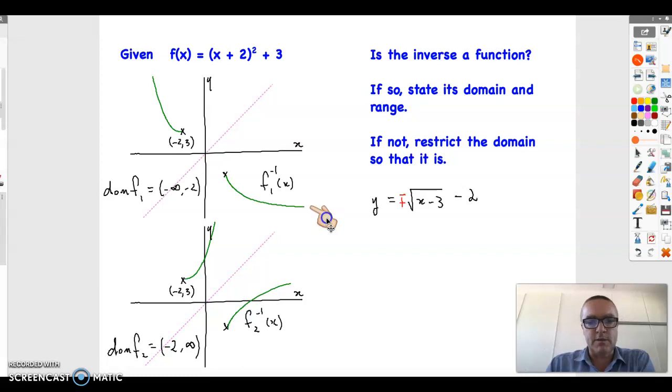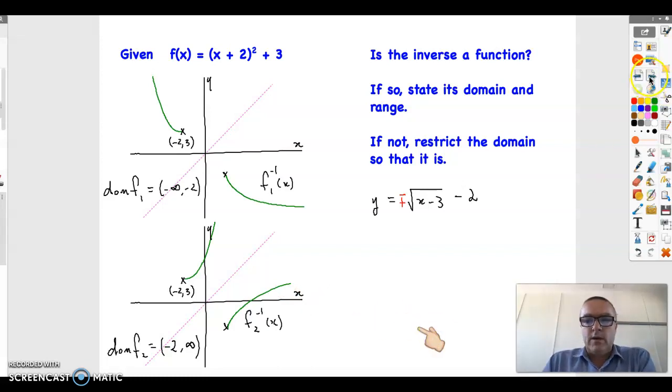The function's upside down. In the second function, when we reflect f2, we've now got a square root function, but it's not been a reflection in the x-axis. We've got the positive square root of x minus 3, minus 2.